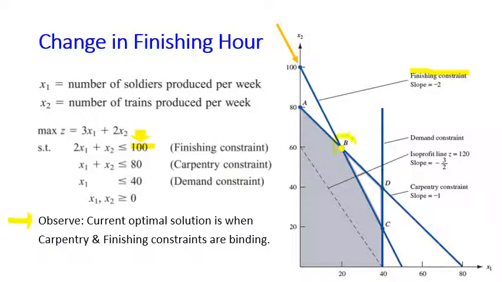The point B here is the intersection of the finishing constraint and the carpentry constraint, so both constraints are binding at point B. Binding means that the sign between the left-hand side and the right-hand side becomes equality.